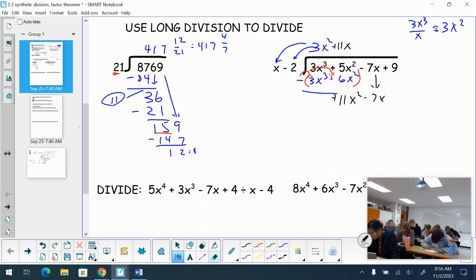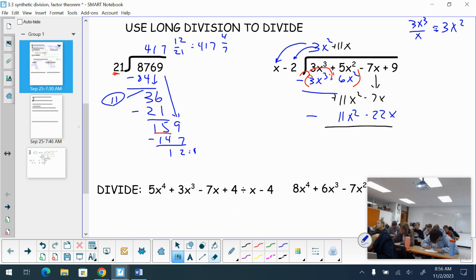Go ahead and multiply out, and then subtract down. The 11x squareds cancel out for you.